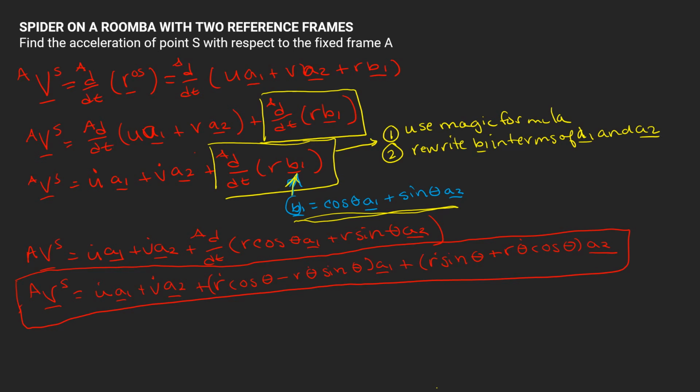And this magic formula will allow us to take this derivative, so we can take the derivative of this vector with respect to frame A, even though it's written in terms of frame B. And we can continue to exploit the simplicity that's afforded to us through the use of multiple vectors.